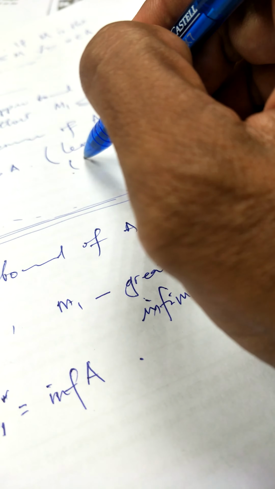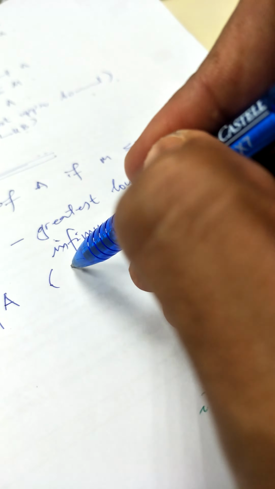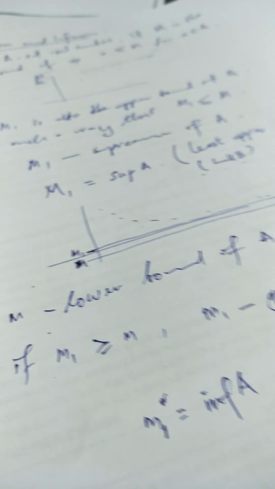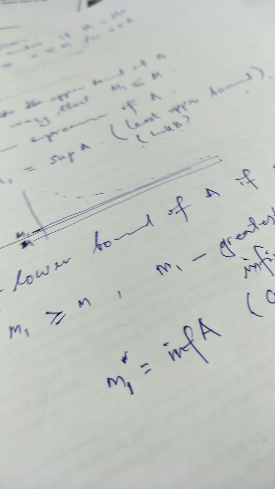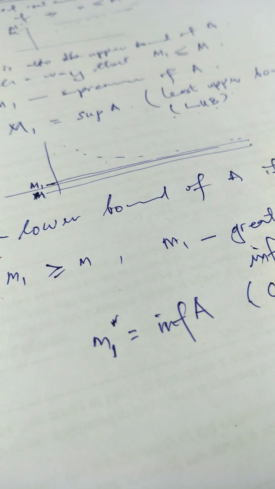I can say LUB, least upper bound, and GLB, greatest lower bound, that means infimum. So I introduced to you the concept of supremum and the concept of infimum.